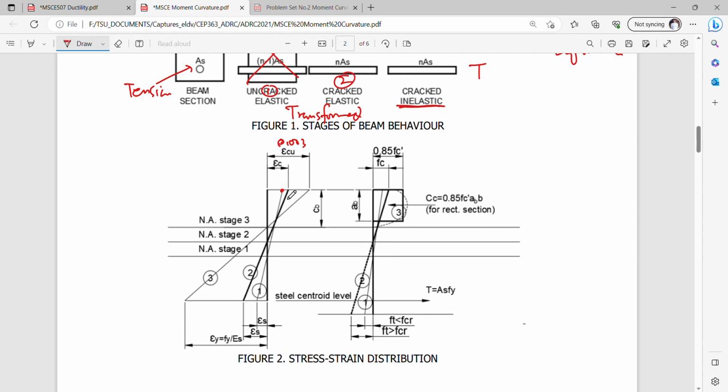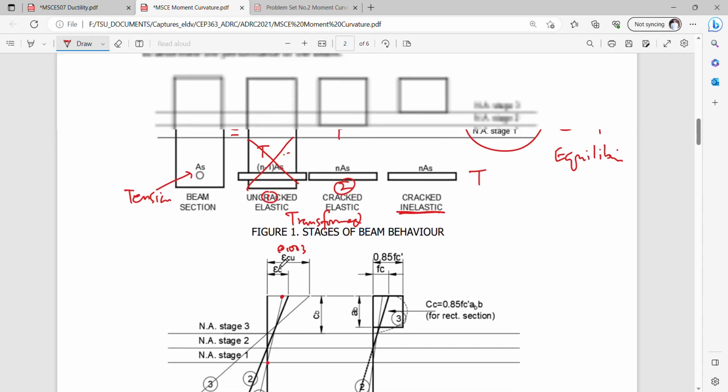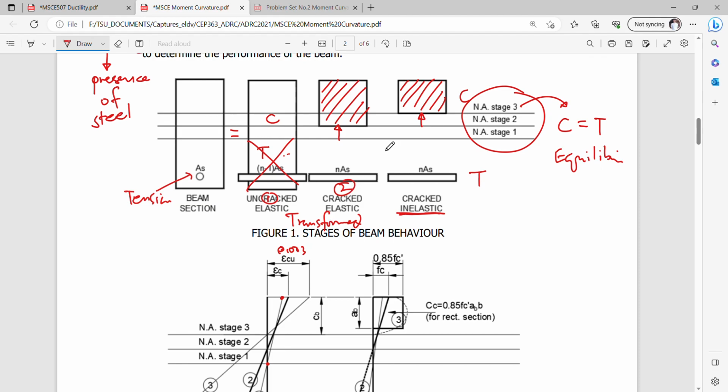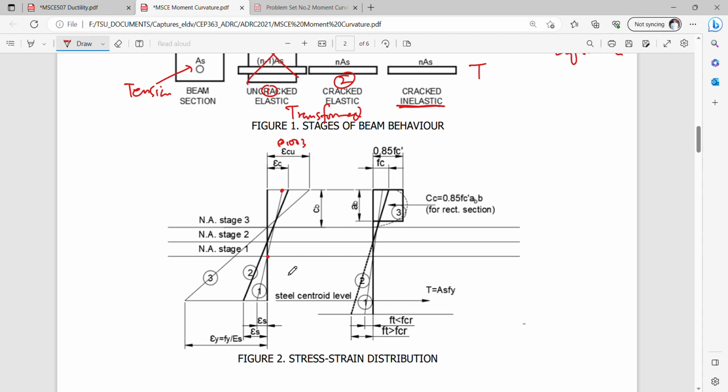At this point, this is still elastic. So your neutral axis at this stage is at the bottom, no? As shown here also in your behavior, upon reaching the limit for the cracked elastic stage, it will shift a little bit going to the compression side.